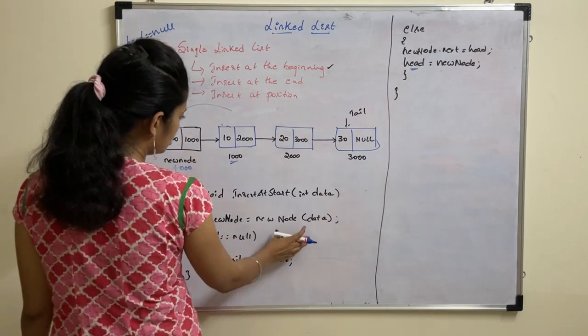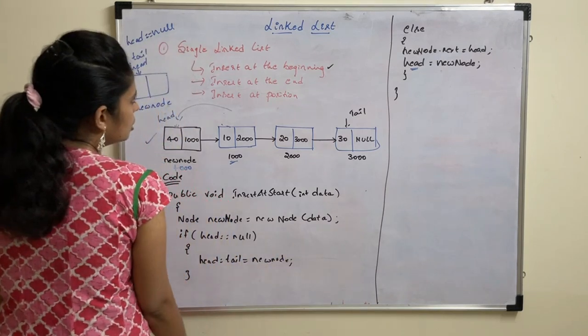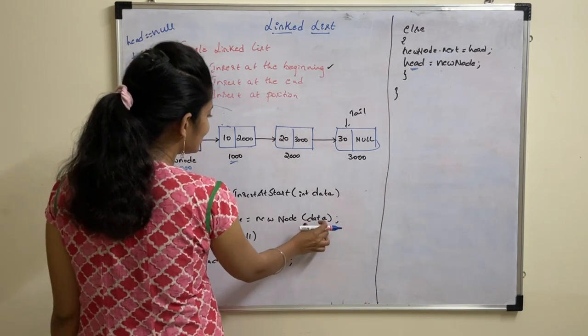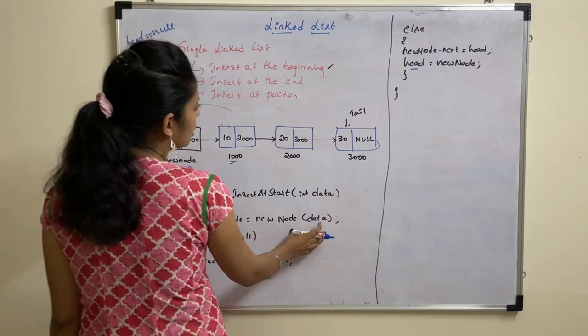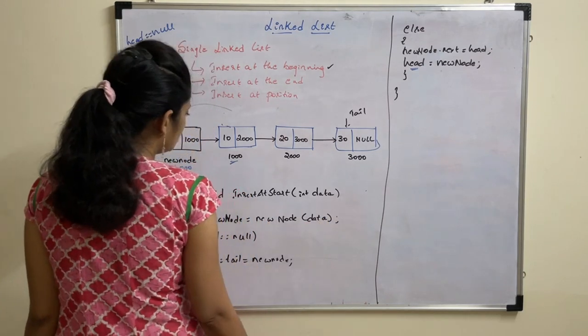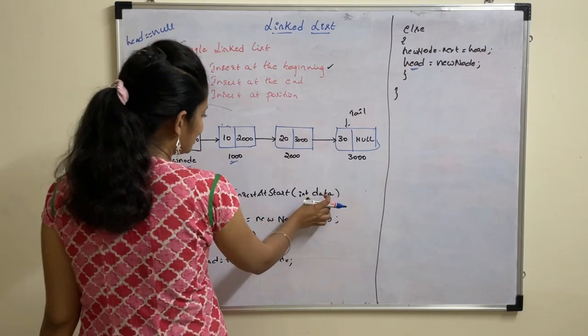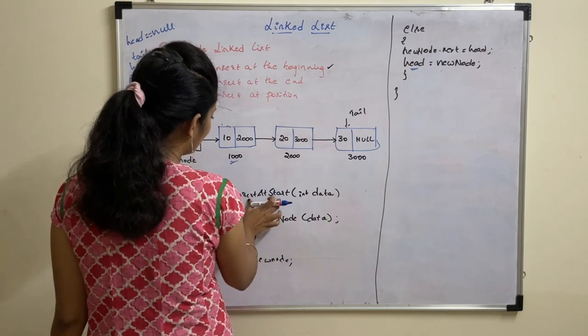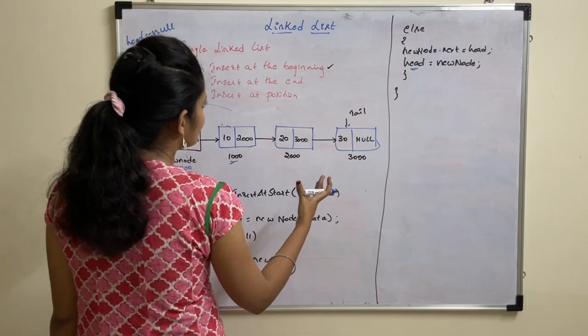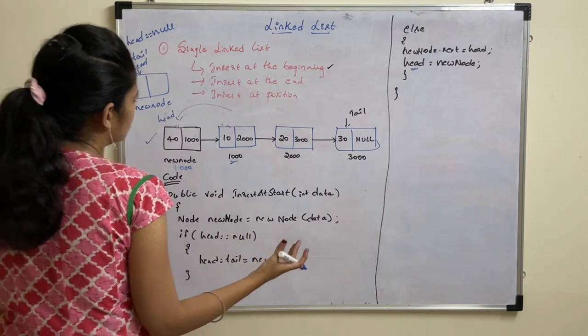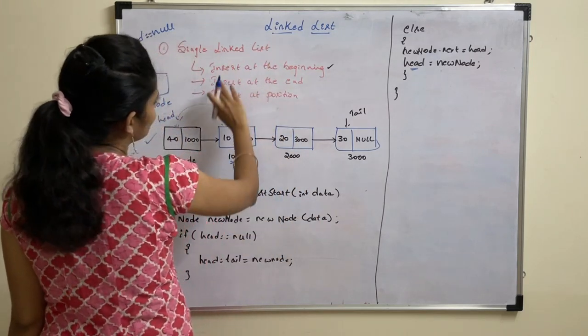Here we are passing data. You can write a main function where you can pass the data while calling this function insert at start. I will place the complete code at the end of this single linked list concept.